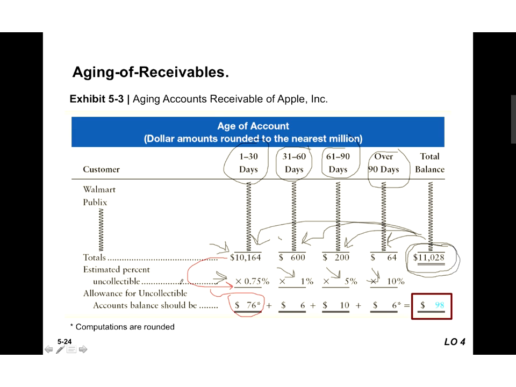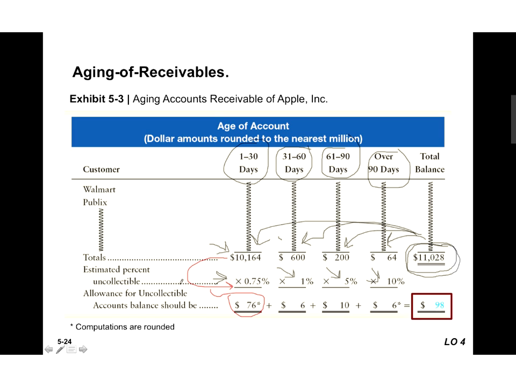I'll do that with each of the buckets, taking each of the balances times that uncollectible percentage. That's why one formula for this aging schedule doesn't really mean anything. It's nothing you need, because they're doing that for each of the time buckets.